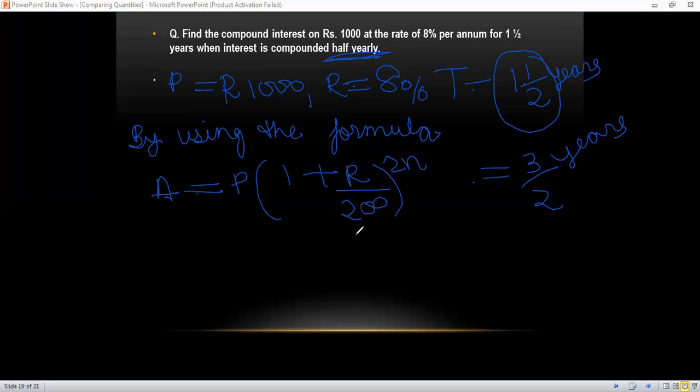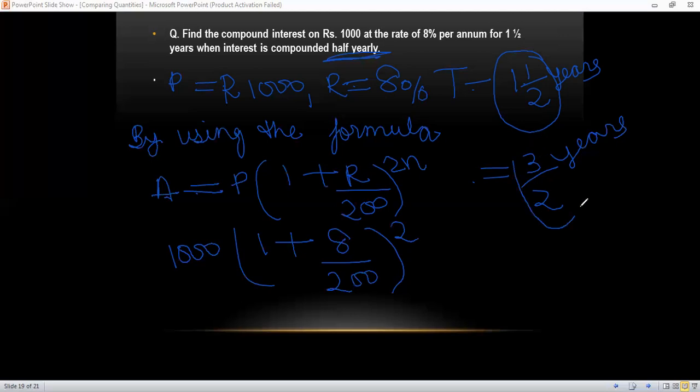This is the formula for half yearly. So you will write 1 plus 8 upon 200. Now you know n, the value of the time. n is 3 by 2. So I will write 3 by 2. Here the 2 will get cut.